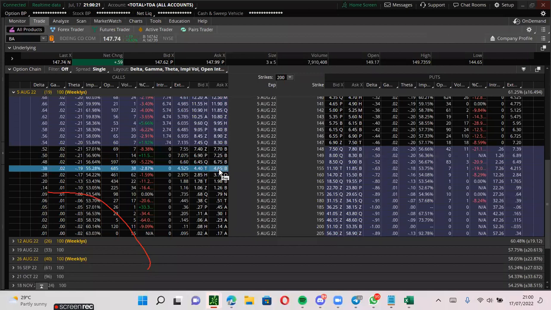It's $2 in the money. The difference is $2, so you pay back $2 and keep the rest.